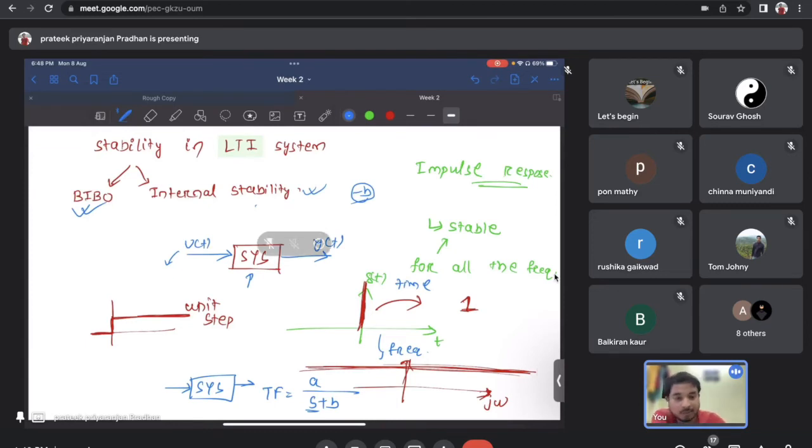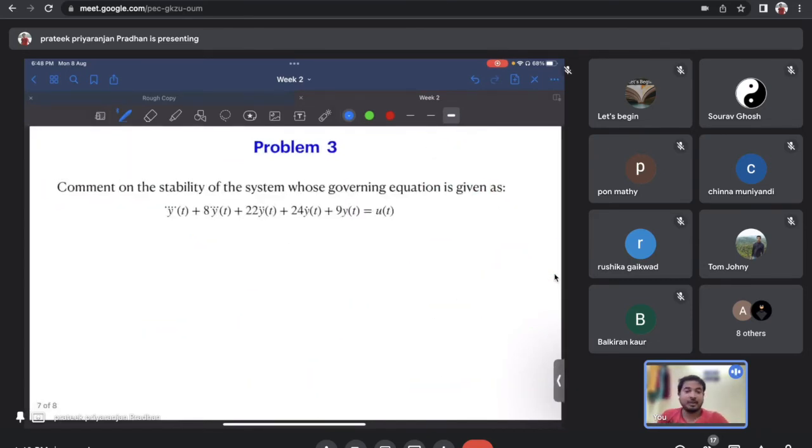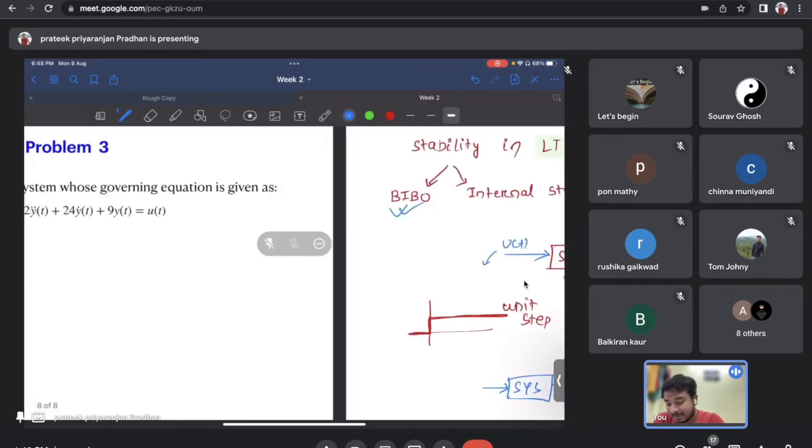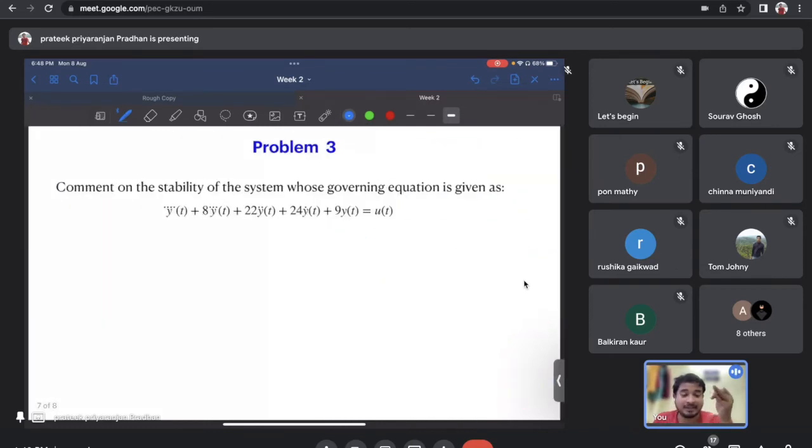Then the system will blow away. Coming back to the question now, I hope that part is clear: BIBO stability, internal stability, and why the impulse response is important regarding stability.